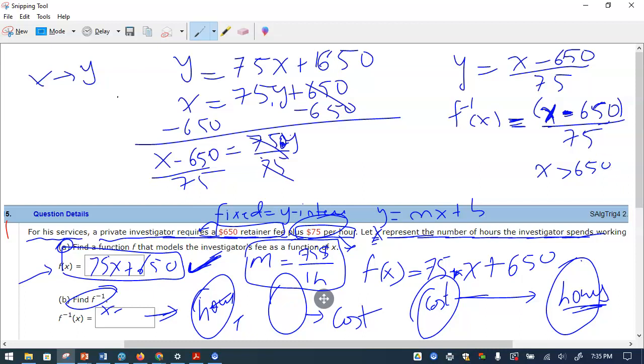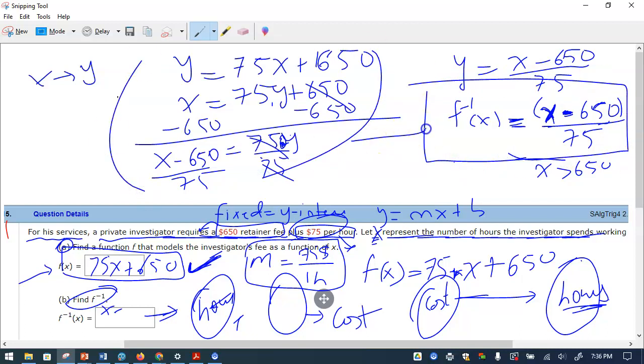So let's see. Another question they're asking is, what does this basically mean? Understanding this is more important, because everybody does the steps, but did you understand this?